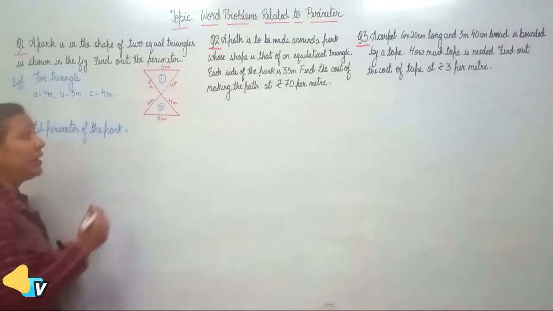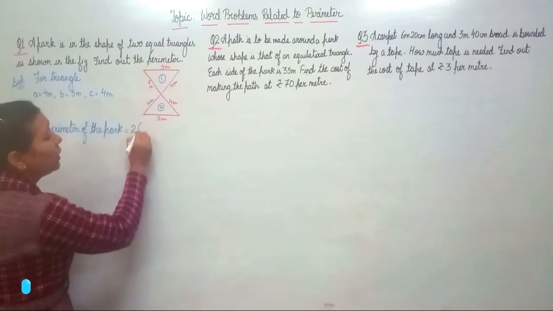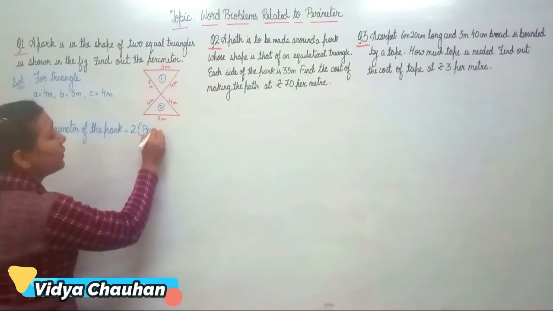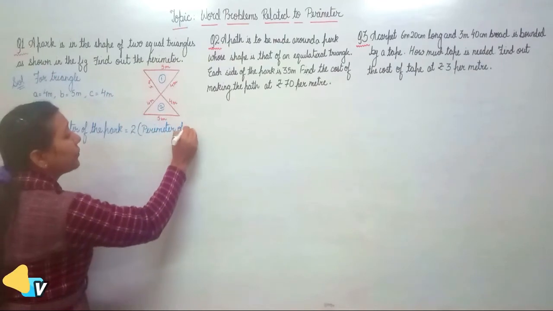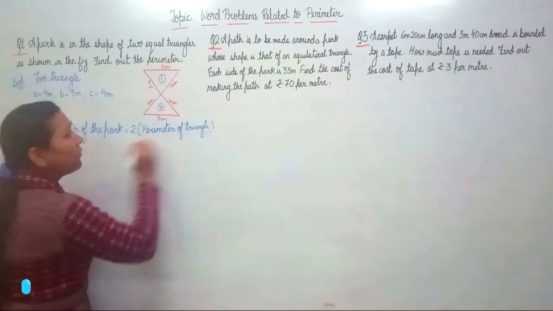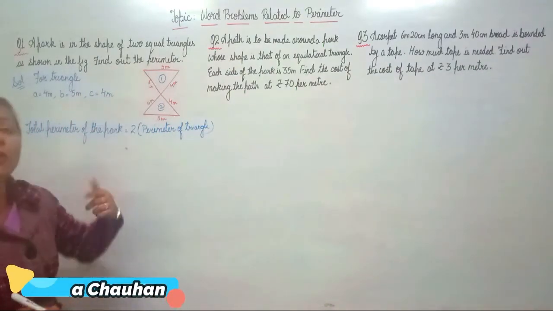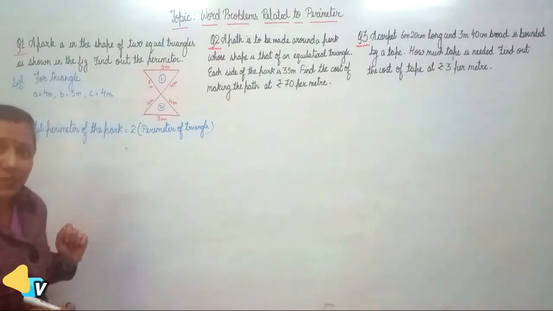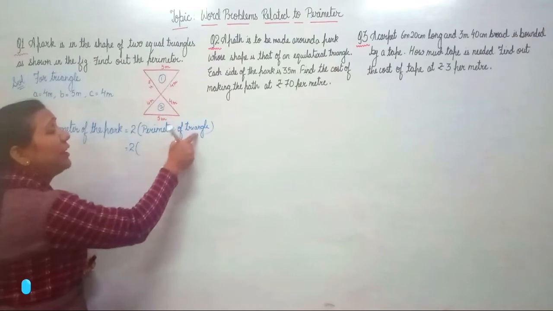So the perimeter of two triangles means 2 times the perimeter of any one triangle. Why have I written 2 times the perimeter of the triangle? Because both the triangles are of equal measures. Right students?